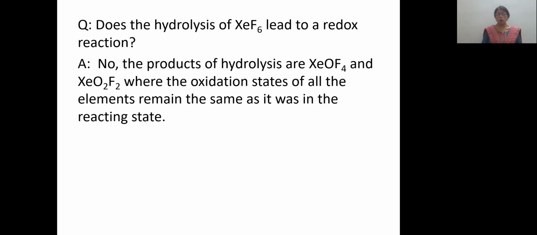If it is a redox reaction, then there must be a change in the oxidation state of the elements. So for such types of reactions, dear students, write the reaction, find the oxidation state of each element, and if there is no change in the oxidation state before and after the reaction, then it is not a redox reaction.